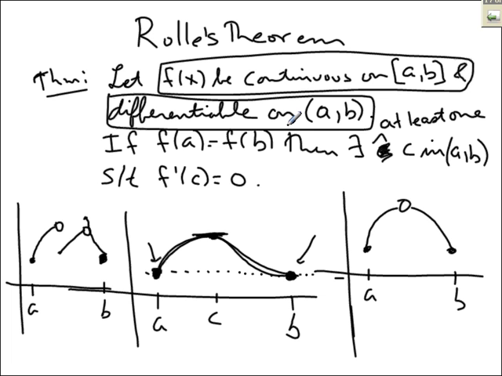Nowhere is there a derivative 0. Let me be clear that I'm not touching that point. Nowhere is the derivative 0. If the graph is not continuous, it might fail.